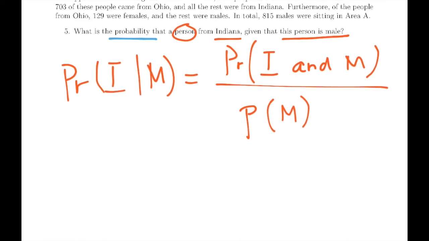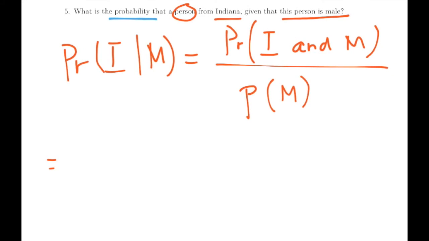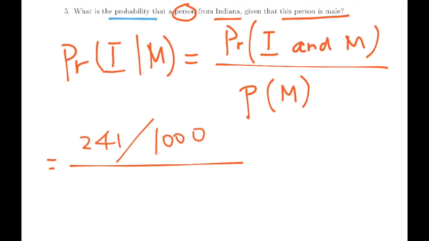So the actual count of the people from Indiana who are males is equal to 241, and its corresponding probability is 241 divided by 1,000. And the probability of males is 815 divided by 1,000, like what we found earlier.